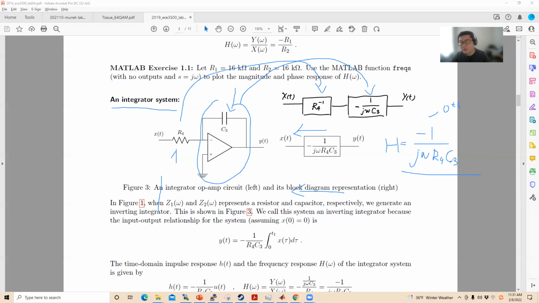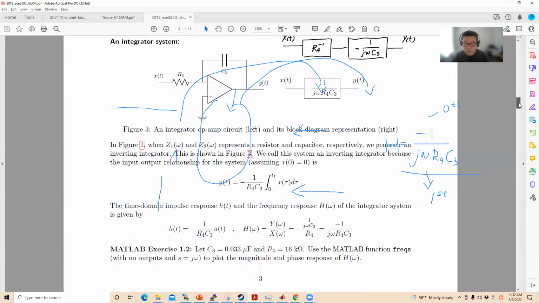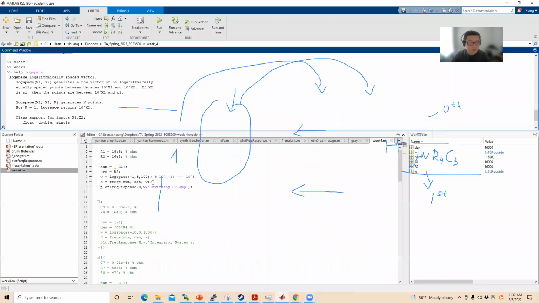And the denominator also has only one value, but it's corresponding to the first order coefficient. So now what we need to do is to define this equation in our MATLAB.